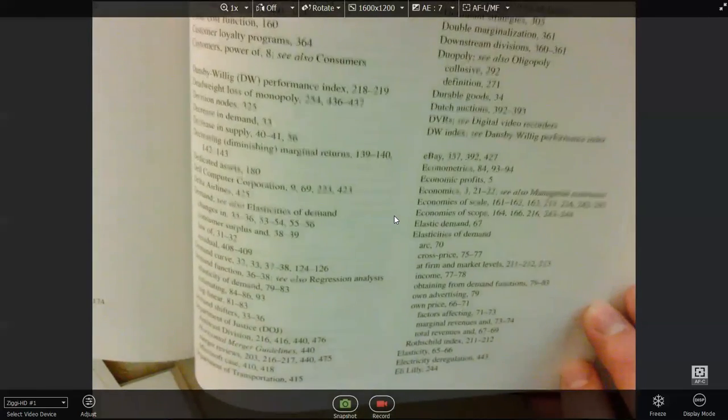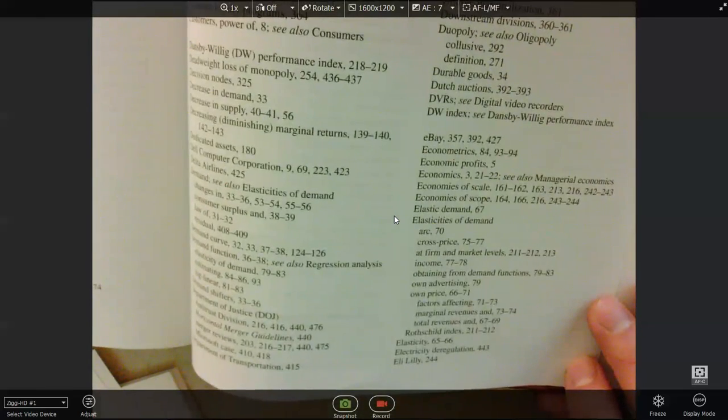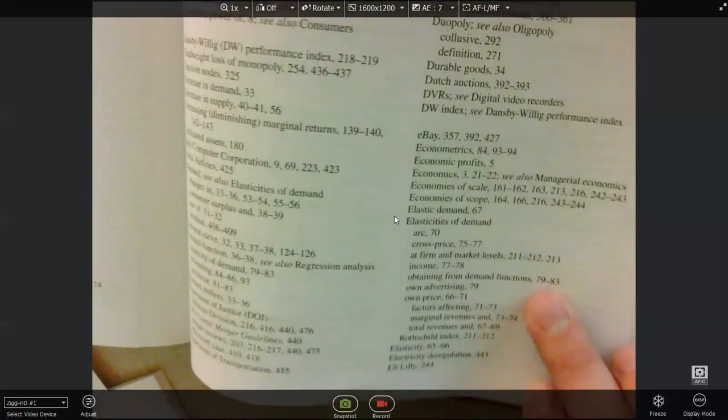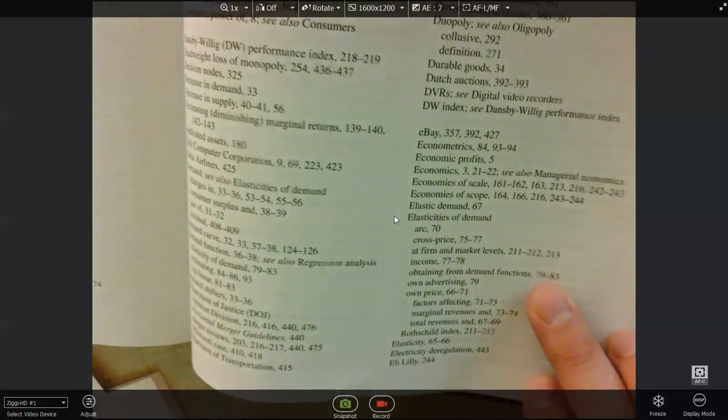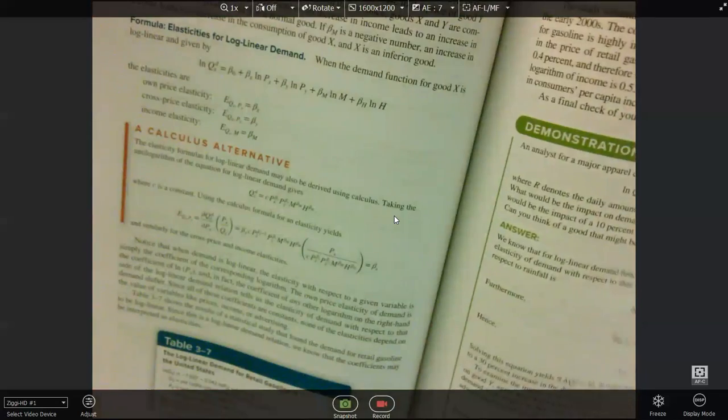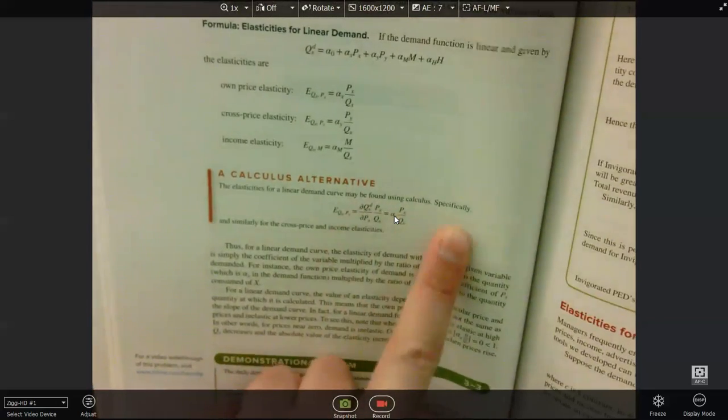Elasticity. Let's go back to 7. Elasticity on a linear demand curve may be found using calculus.